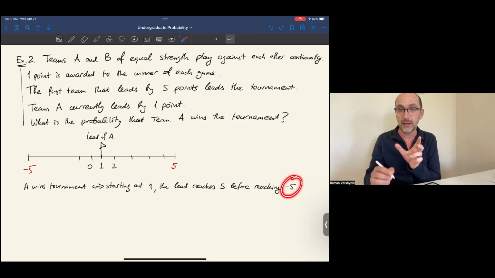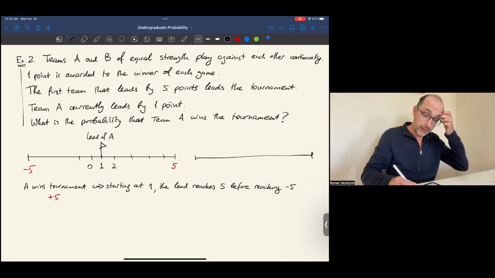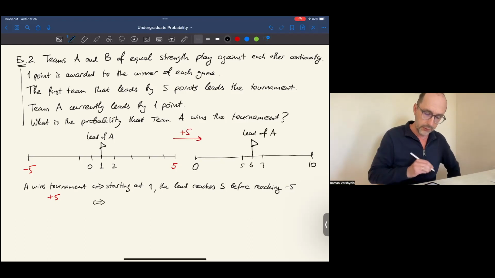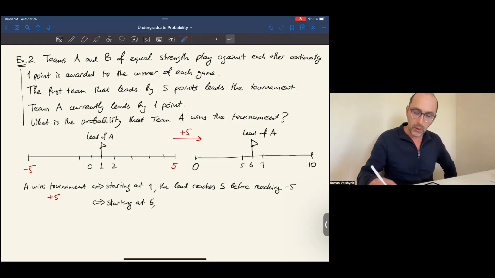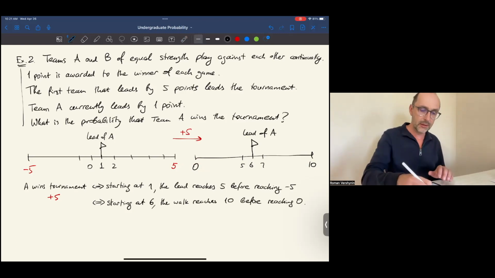That will make -5 into 0, and we will have an exact match to the gambler's ruin. -5 becomes 0, 5 becomes 10, 1 becomes 6, and so the equivalent formulation is: what's the probability that starting at 6, the simple random walk reaches 10 before reaching 0? This is the gambler's ruin problem that we solved.